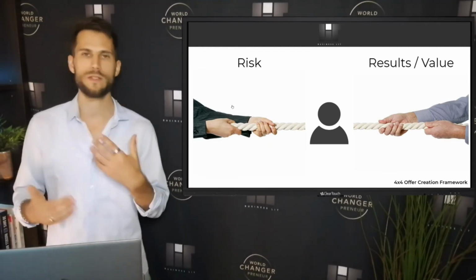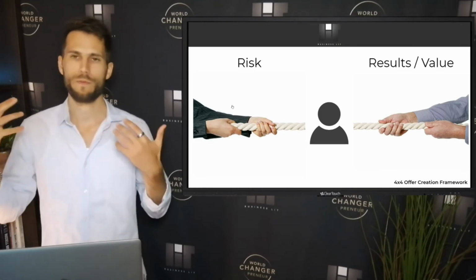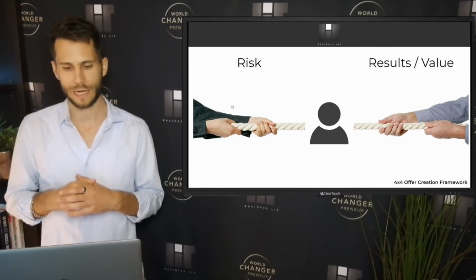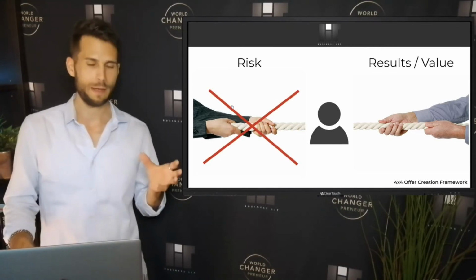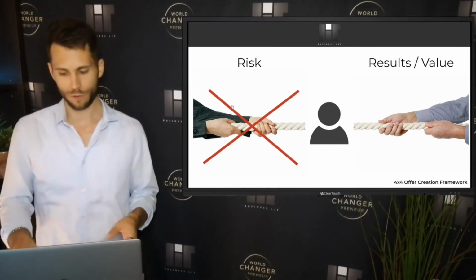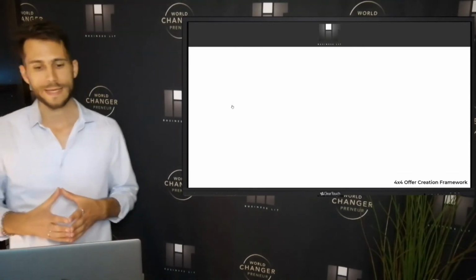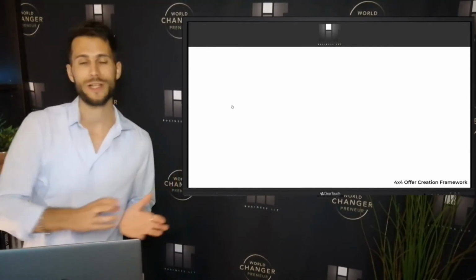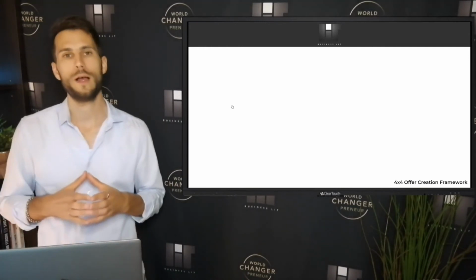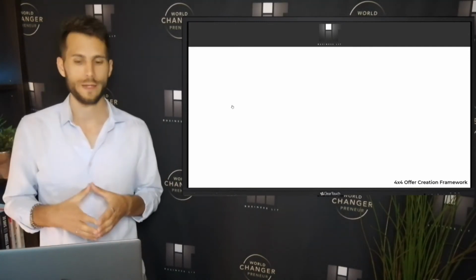Of course, there are ways to try to lower these, but usually they are always there in some way. And the goal is to completely eliminate these risks. So what we do is find a way to actually transfer this risk and turn it into pulling them into the buying decision.